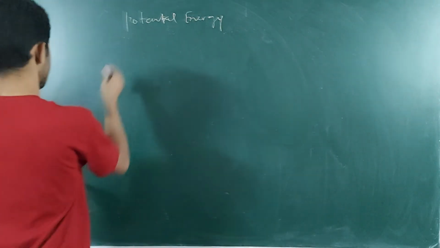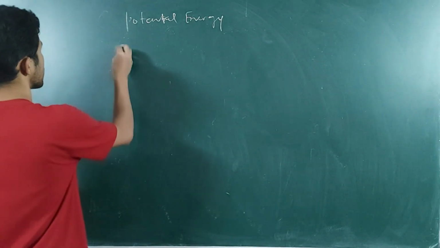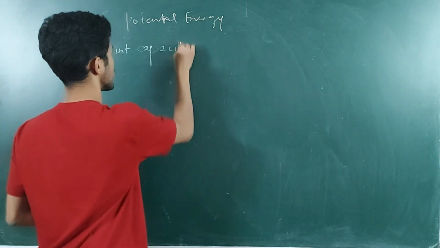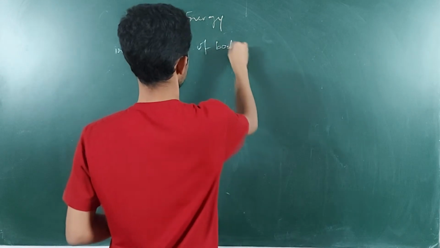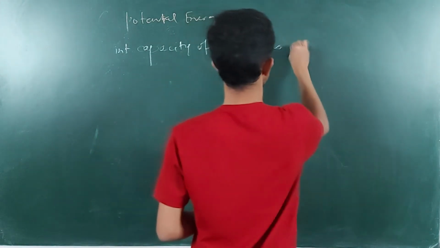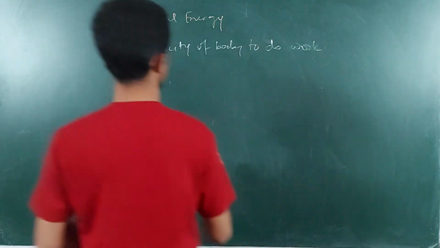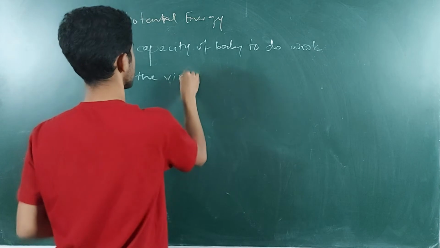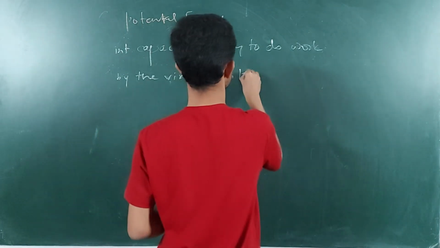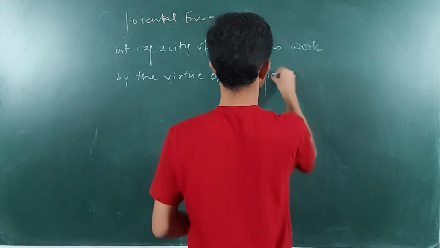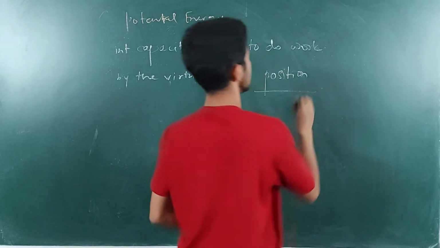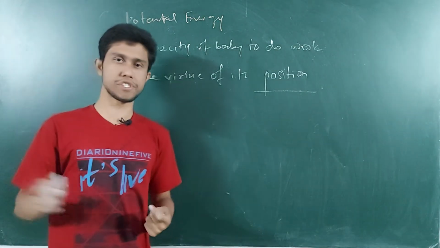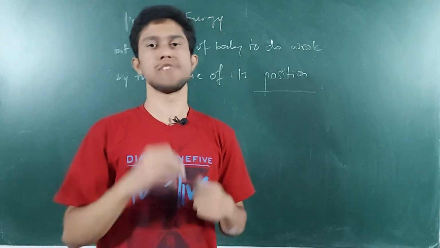So I'll write it is the internal capacity of body to do work by the virtue of its position. So the position is the most important point. So if the body has different positions, the potential energy it will possess will be different.